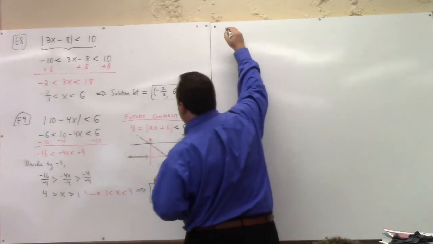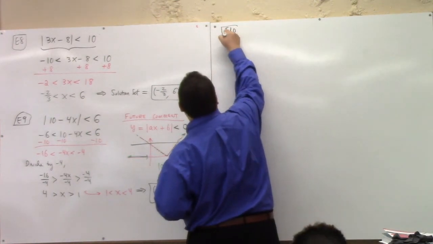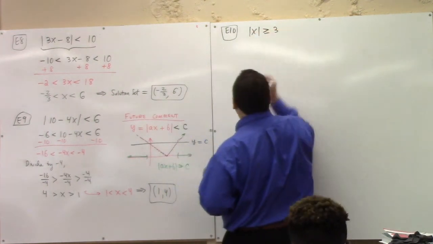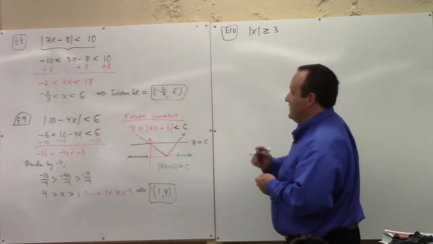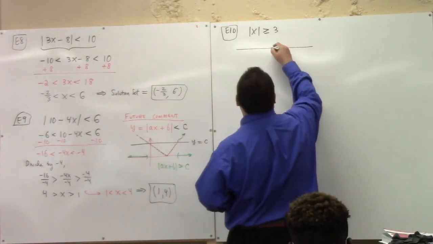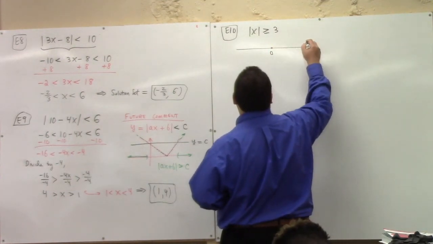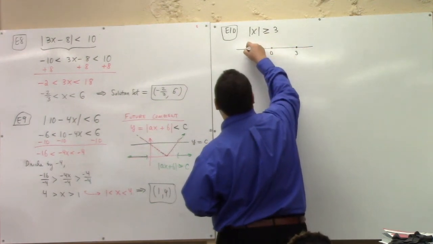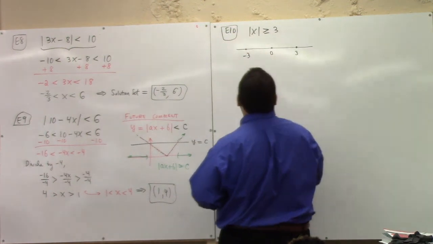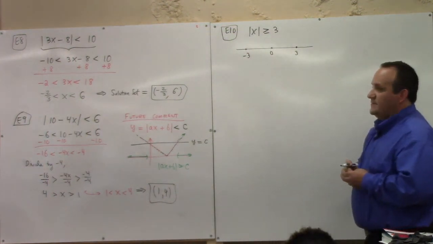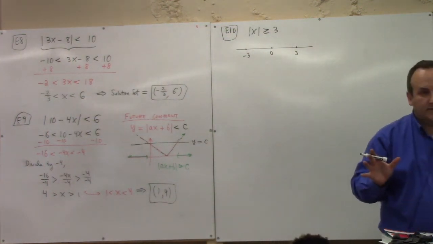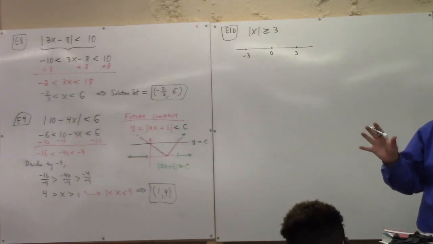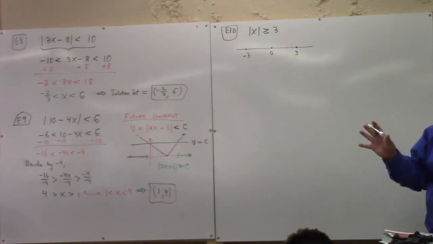All right, so example 10, I'll kind of do the same thing. How about we have absolute value of x greater than or equal to 3? I'll give you a graphical solution to start with. Look at a number line. Here's your 0, and here is 3. Here is minus 3. Where can x be? It has to be at least 3 units away from the origin. You have two logically disjoint choices.